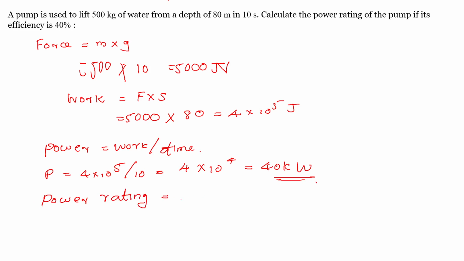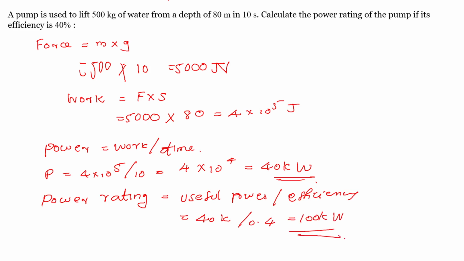It will equal useful power divided by efficiency. So you can write it as 40k divided by 0.4. It will be 100 kilowatt. So that will be the power rating for this system.